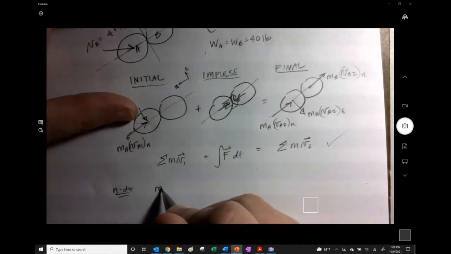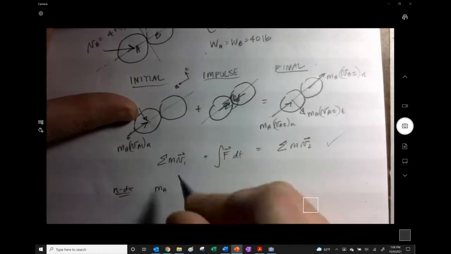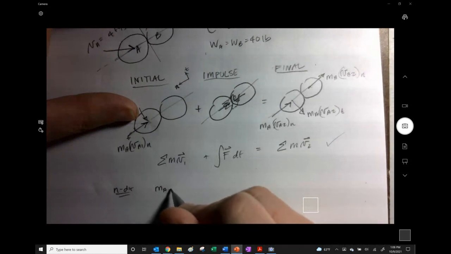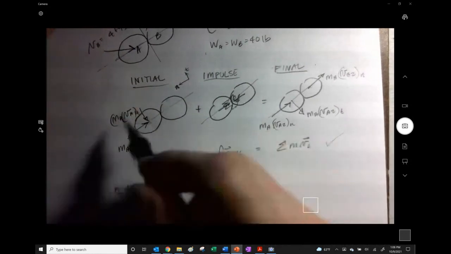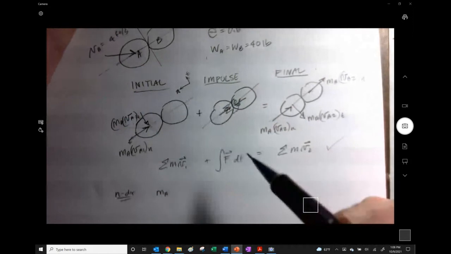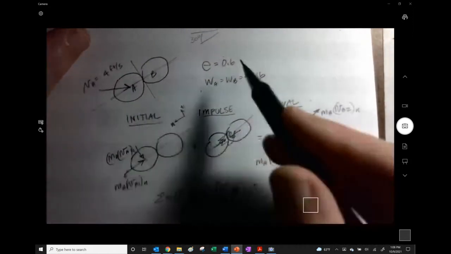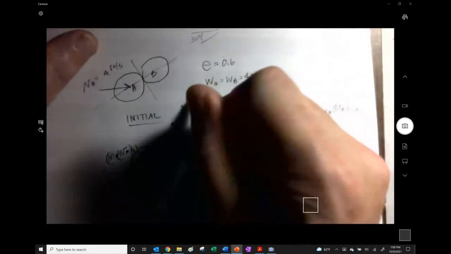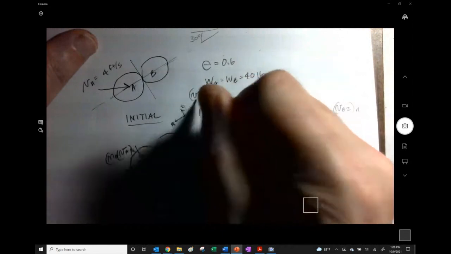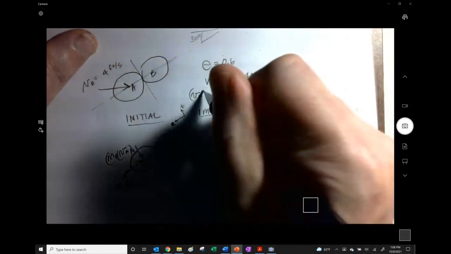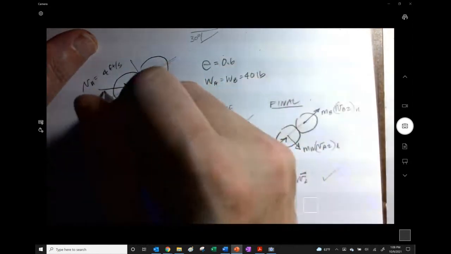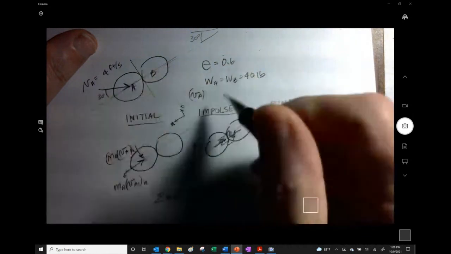And we say that we have MA. I should write somewhere up above to get the numbers: the velocity of A, this is 30 degrees right here.